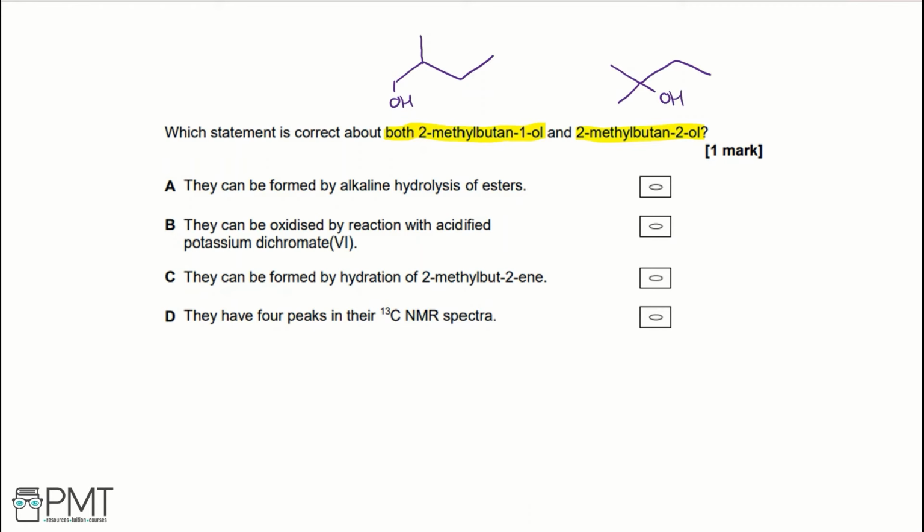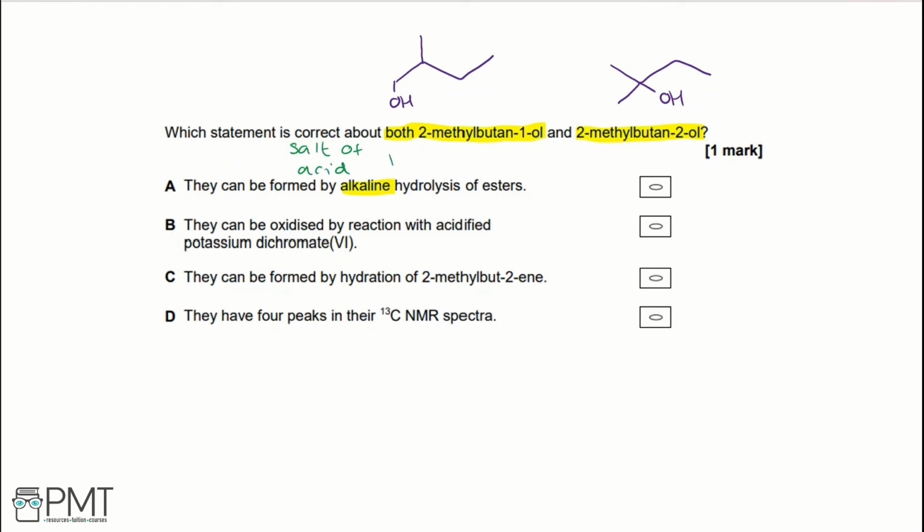So A: can be formed by the alkaline hydrolysis of esters. The key here is that it's alkaline hydrolysis. With acid hydrolysis, you will form the carboxylic acid and the alcohol used to make the ester. But with alkaline, what you form is the salt of the acid and then the alcohol.